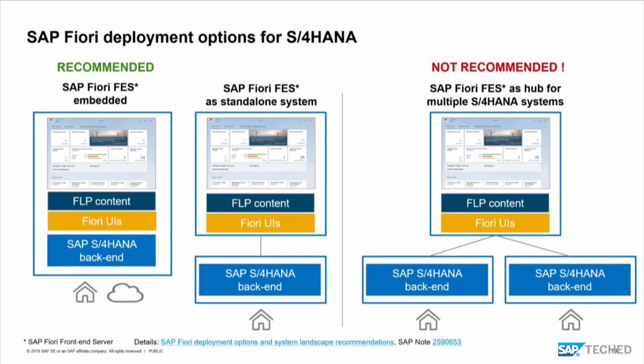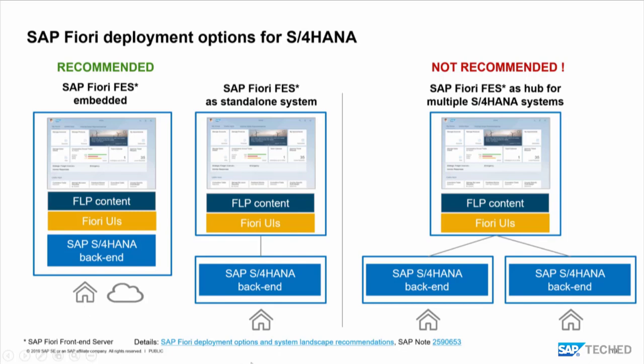All those new capabilities which we've just seen are coming with the backend. We do machine learning in the backend and expose it, and we do analytics in the backend and expose it. Therefore, we have a tight coupling of the product version Fiori for S4HANA with the backend product version. And to simplify the setup, we now recommend an embedded deployment.